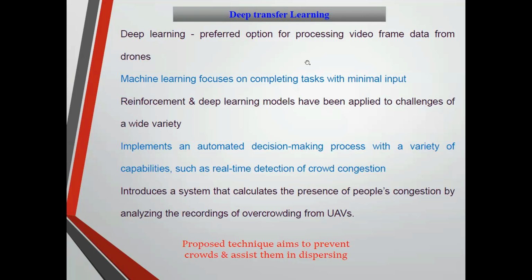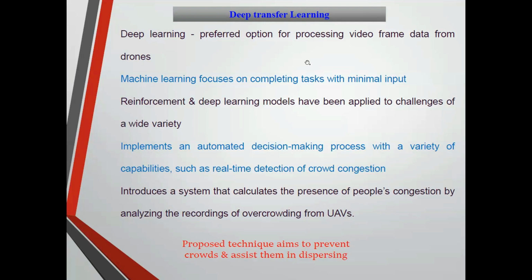It can be based on a variety of capabilities, such as real-time detection of crowd congestion, to be able to communicate with the social monitoring schemes. This study basically measures the presence of people's congestion by analyzing the recordings of overcrowding from UAVs.